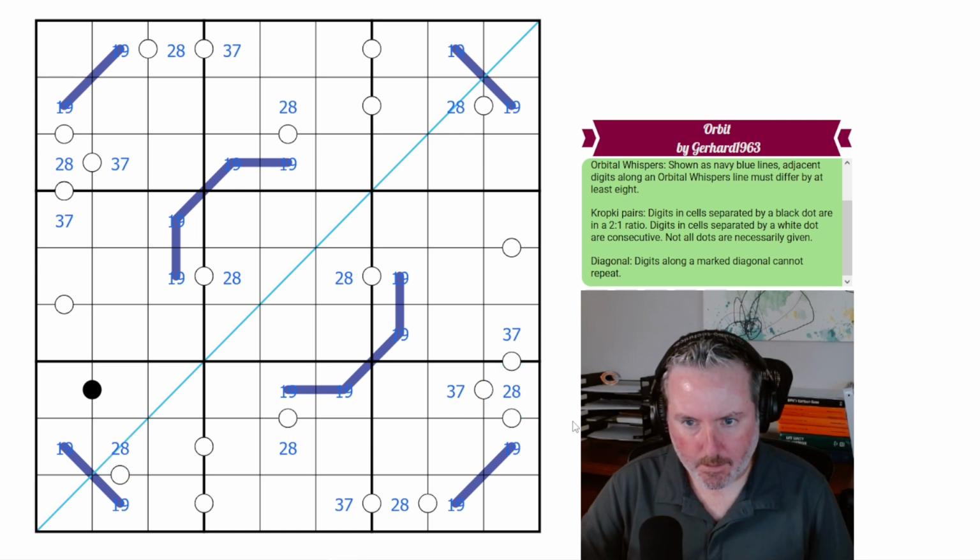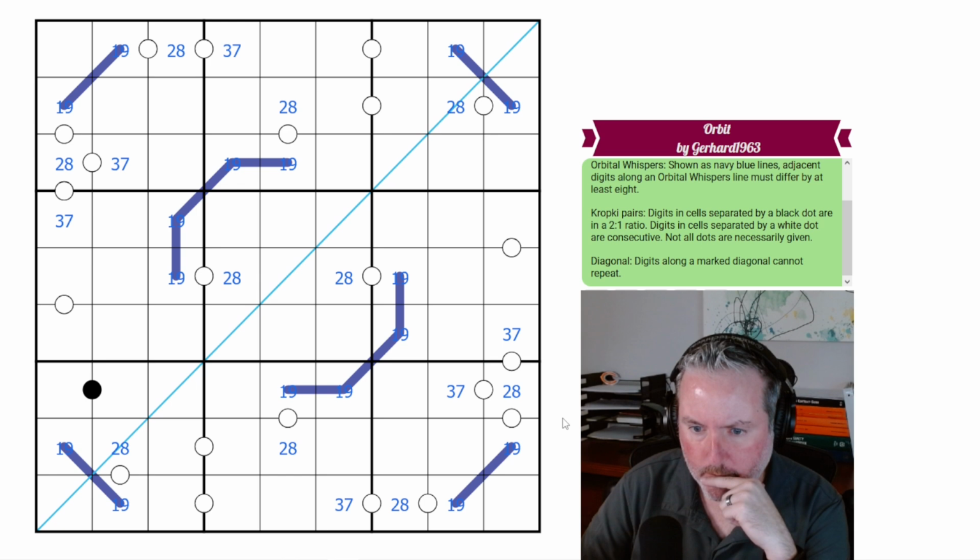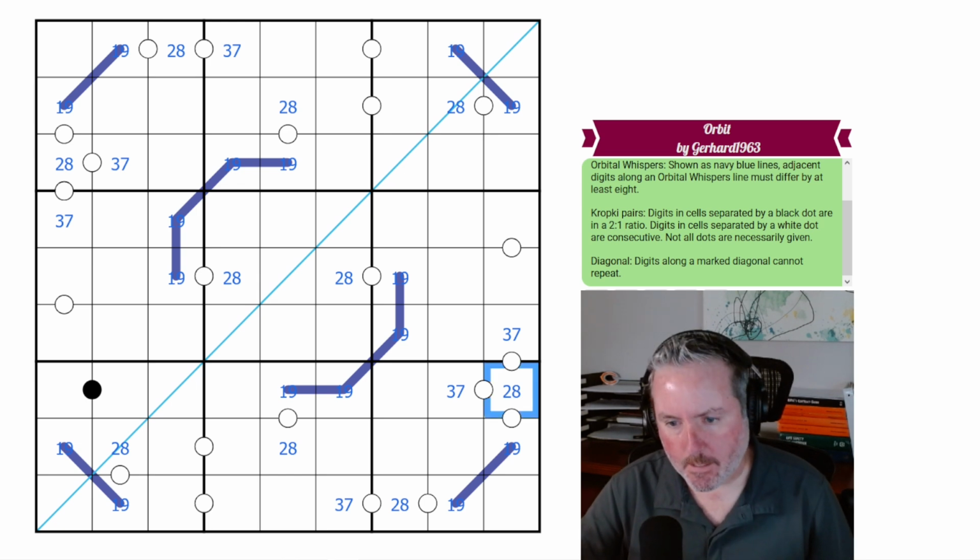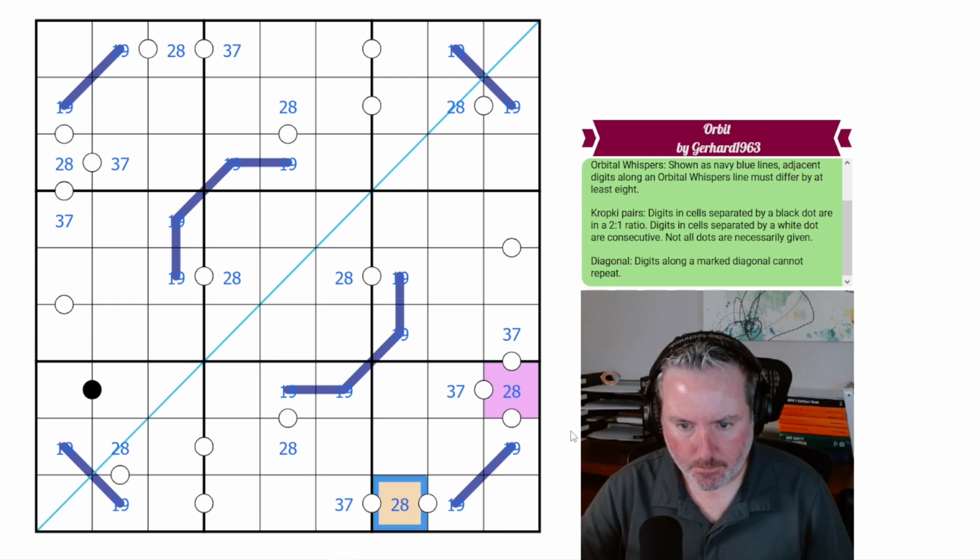Now the problem is I don't necessarily know if we can make that determination just looking at what we've got here. Because we can say, let's say this is a purple 2-8, this is an orange 2-8. None of these see anything else.